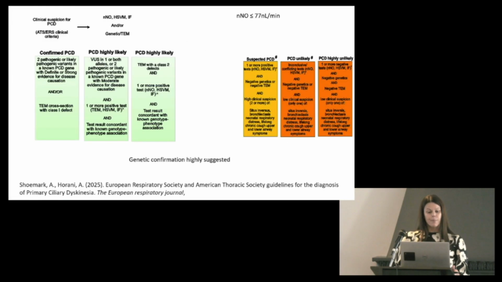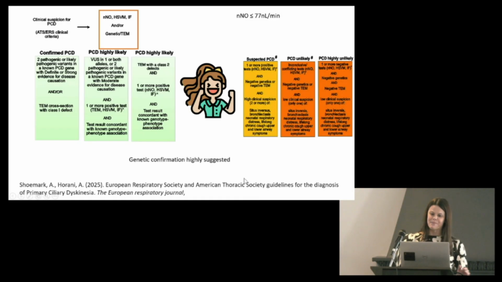They prioritize genetic testing and ciliary ultrastructure for confirmed PCD, but give us ancillary tests like nasal nitric oxide, high-speed video microscopy, and immunofluorescence to use in the new PCD highly likely category, which we are very excited about.